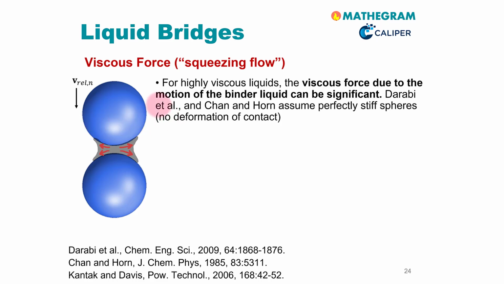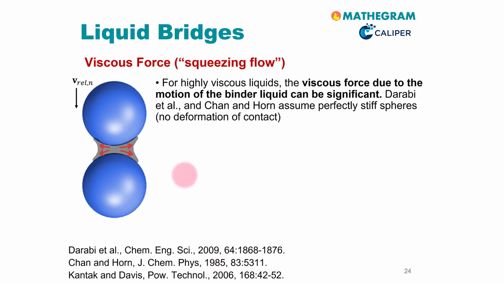For highly viscous liquids now, this effect of flow in the liquid bridge can have substantial consequences. For example, if you have a binder liquid with high viscosity, this can be of real big importance.